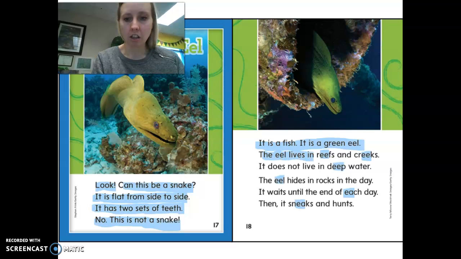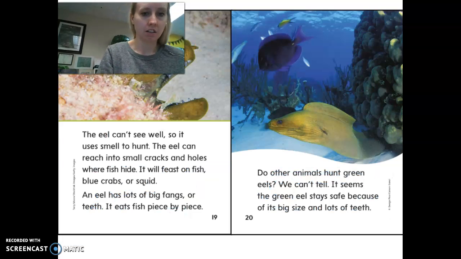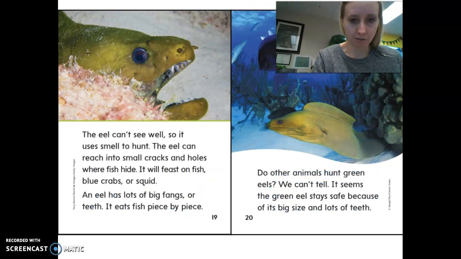The eel lives in reefs and creeks. It does not live in deep water. The eel hides in rocks in the day. It waits until the end of each day, then it sneaks and hunts. Ooh, look at those teeth.